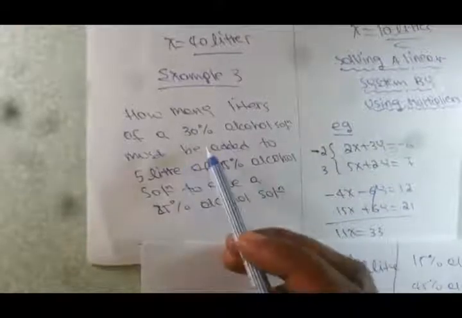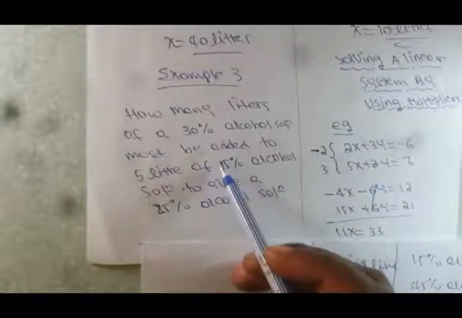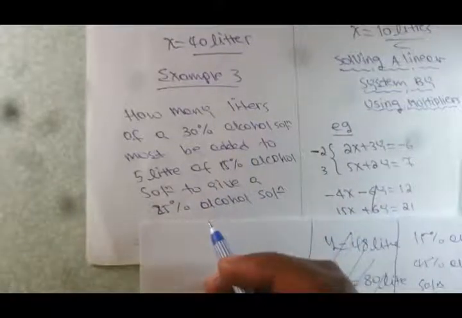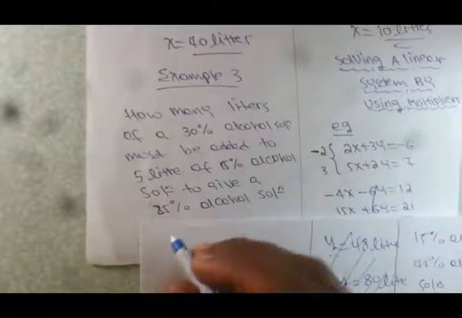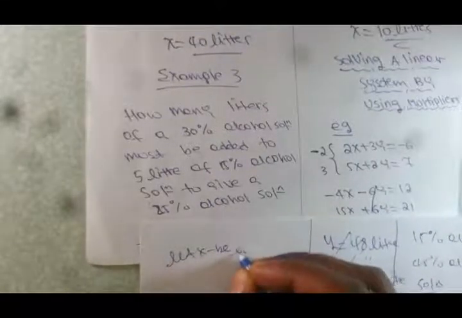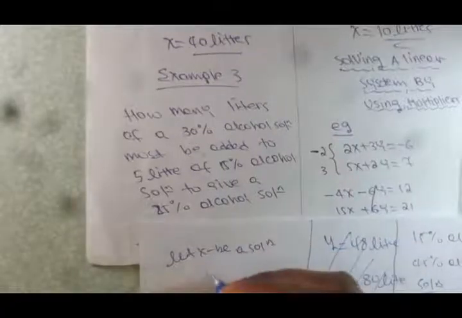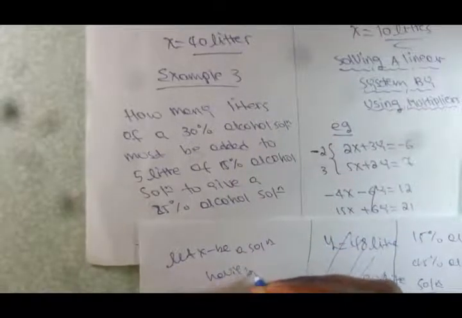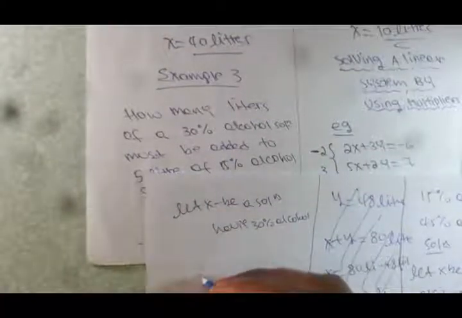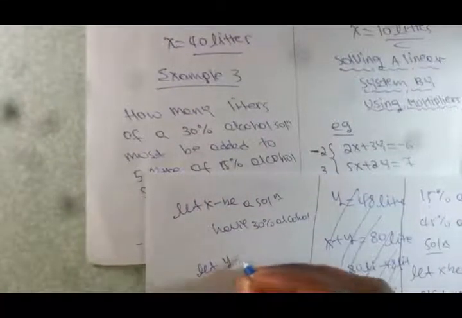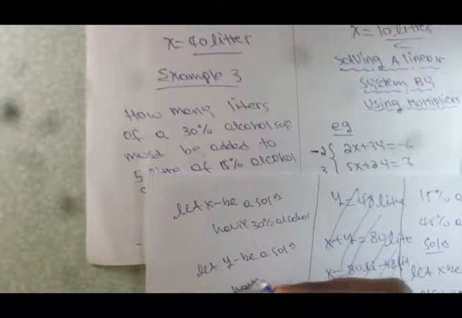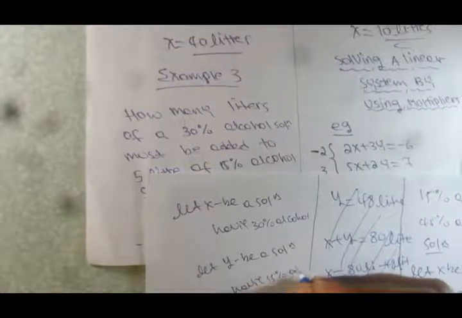Example 3 says that how many liter of a 13% alcohol solution must be added to 5 liter of 15% alcohol solution to give a 25%. No problem. Let x be a solution having a 13% alcohol, and let y be a solution having 15% alcohol.